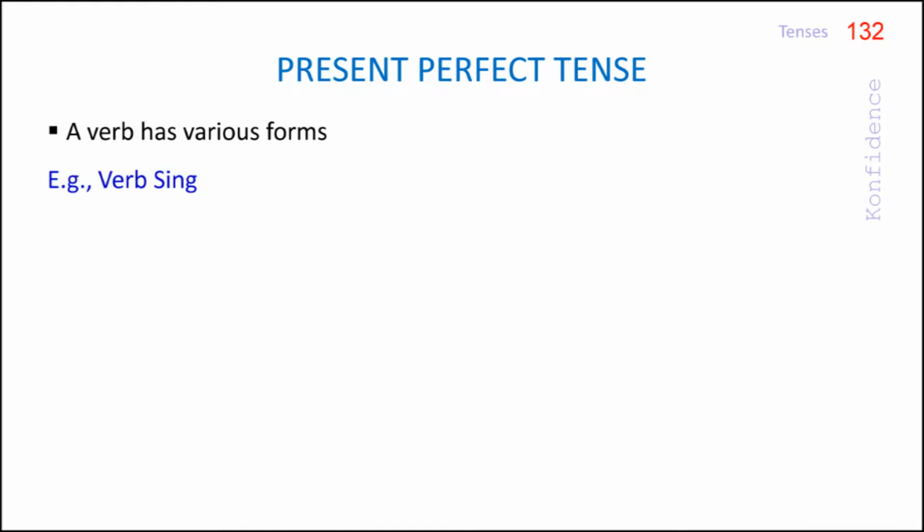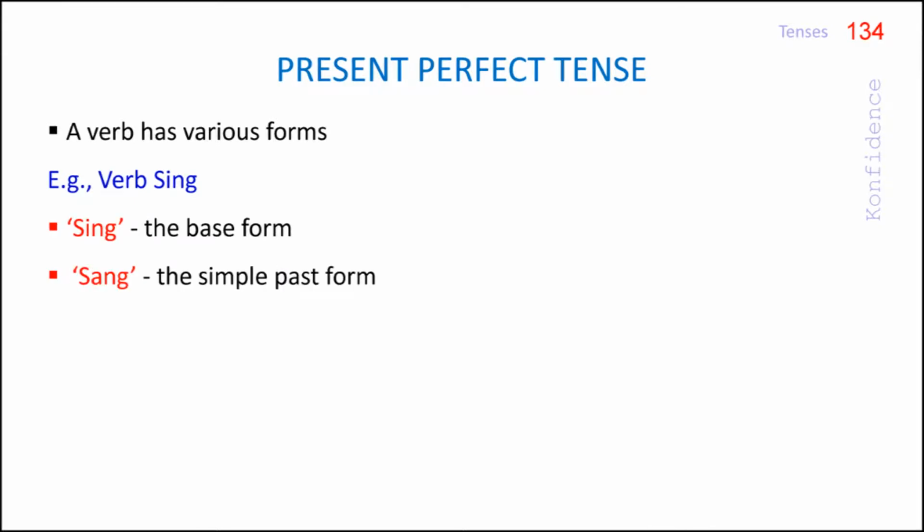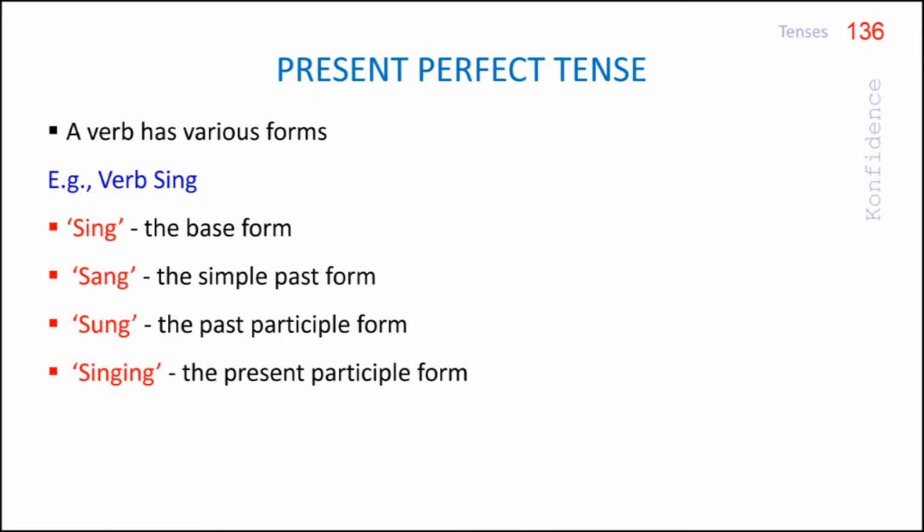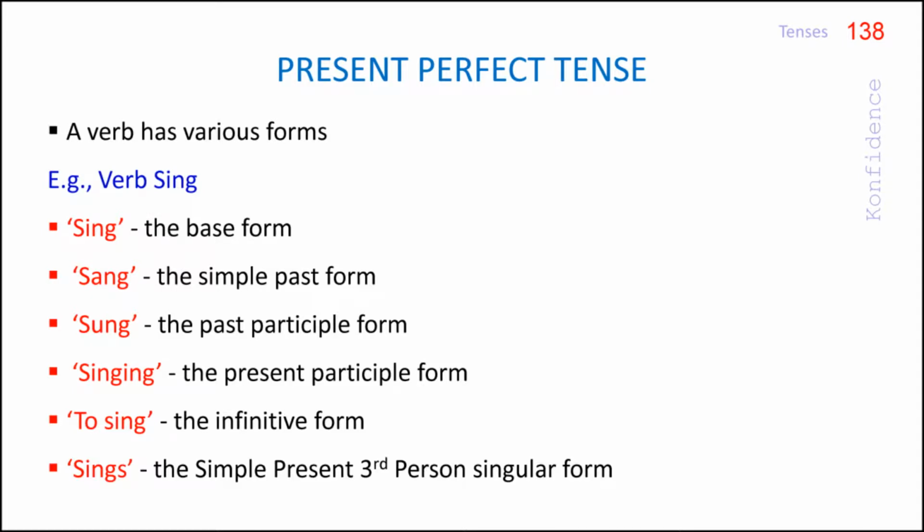For example, if you take a verb sing, the various forms are sing, the base form, sang, the simple past form, sung, the past participle form, singing, the present participle form, to sing, the infinitive form, and sings, the simple present third person singular form.